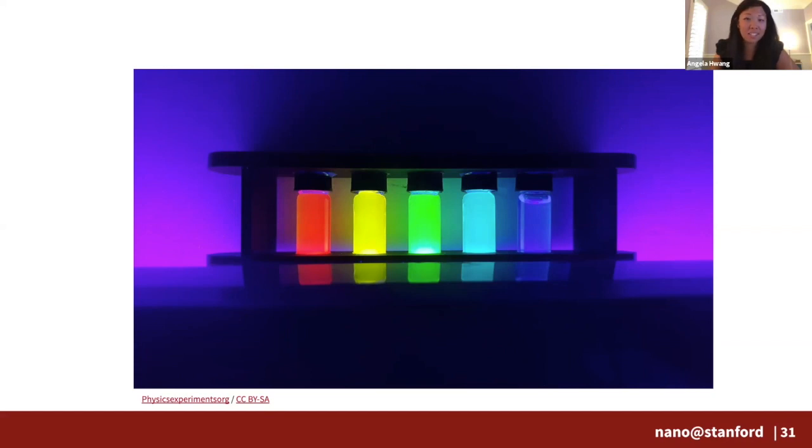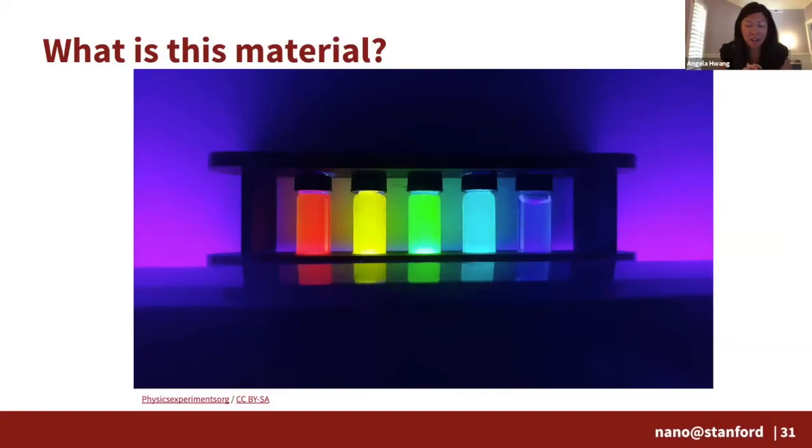All right, Dustin, I think, knows what's going on because these are quantum dots. So these are basically all the same material, but they're different sizes. And this is going back to this weird quantum thing that's going on.